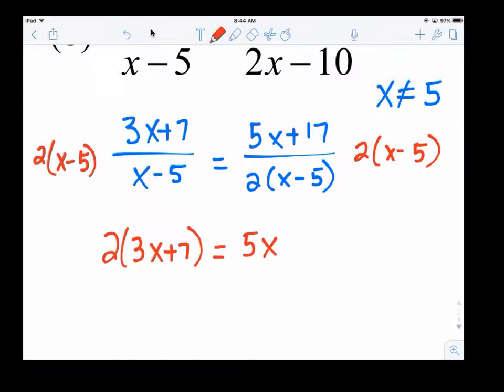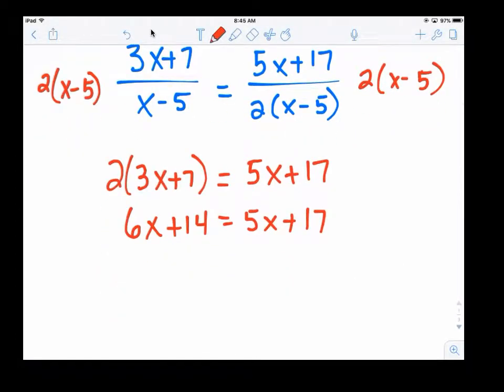Right, because the 2 and the x minus 5 cancel the 2 and the x minus 5. So we got 6x plus 14 equals 5x plus 17. So x would be what? 3.